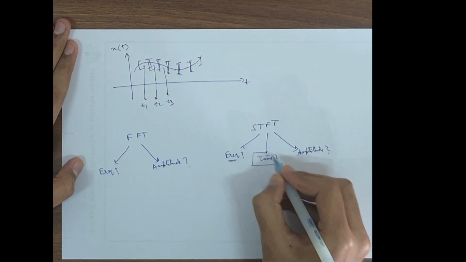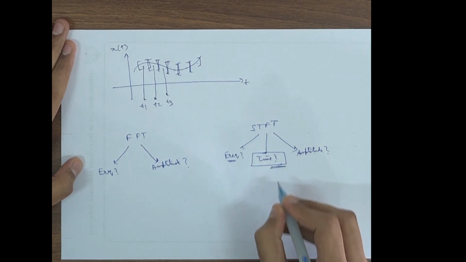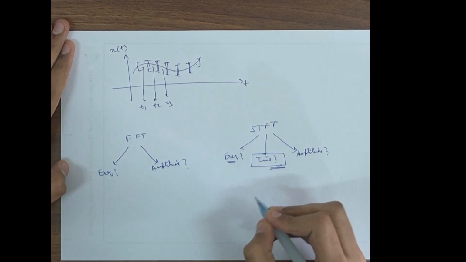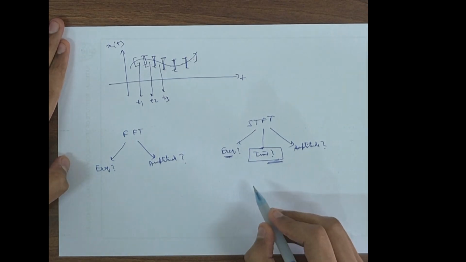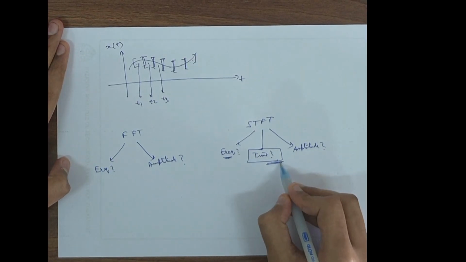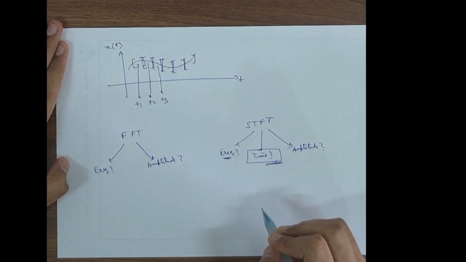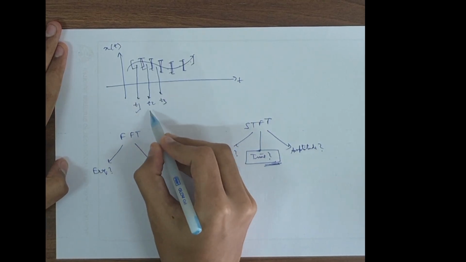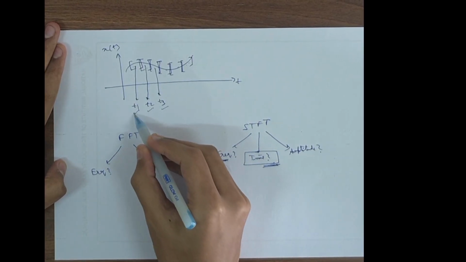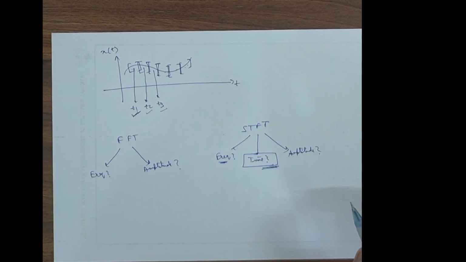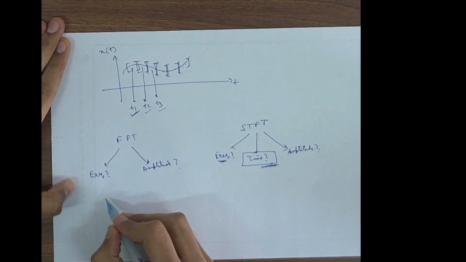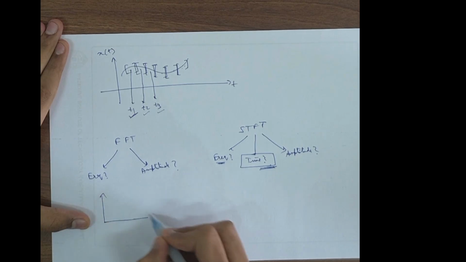This time part is the crucial part, because now I have another dimension of information, which is at what time these particular frequencies occur in the signal. Since we are taking T1, T2, T3, these give me that information.